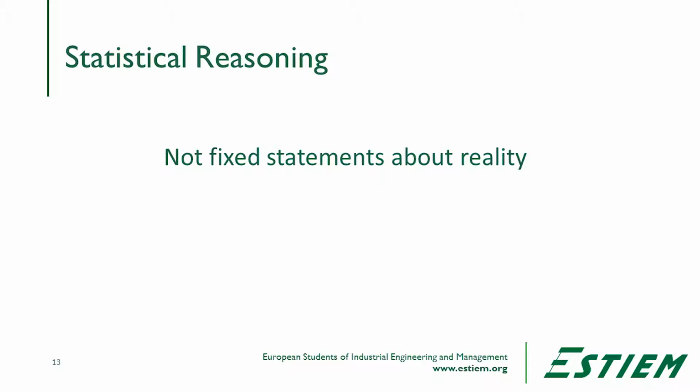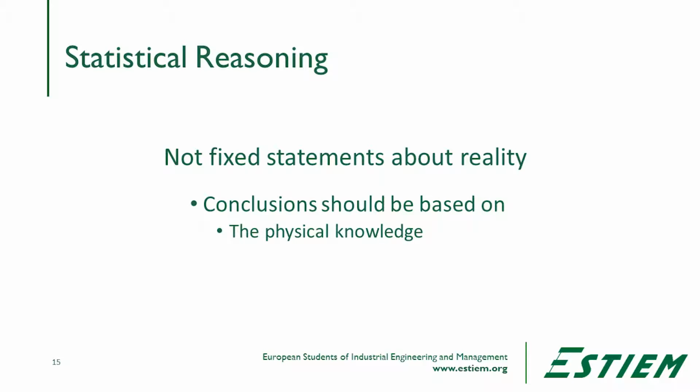So the ultimate conclusion should be based on the physical knowledge of the real world and the process knowledge we have. So the net effect of finding a difference is more important than this actual calculation. If a difference exists, I see, wow, I should think about this. Why? And we want to get back into the physical world and the rationale there.